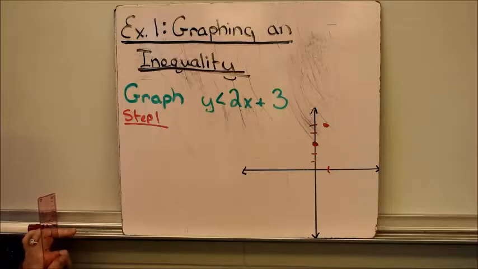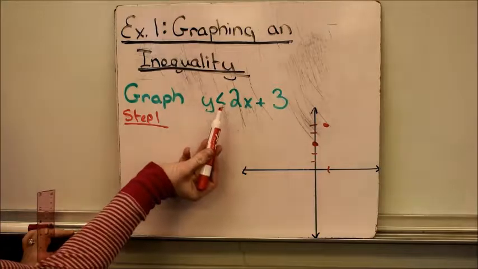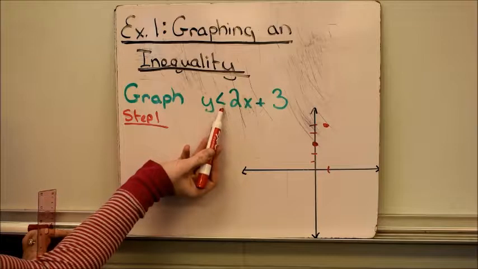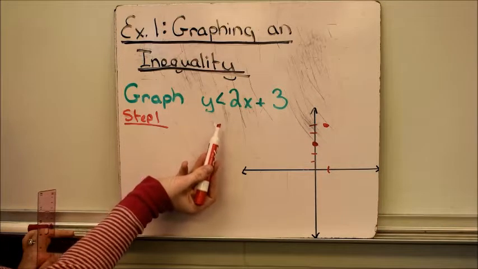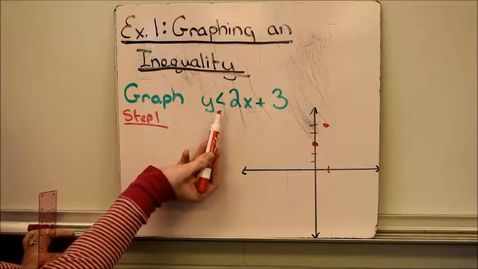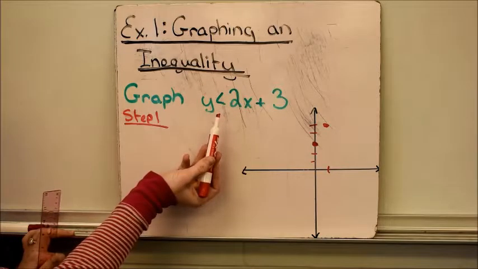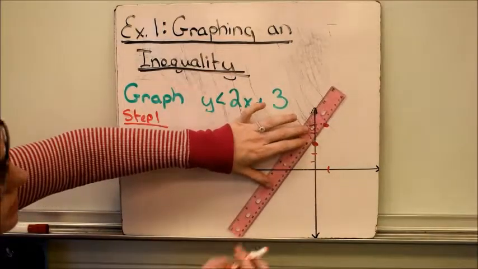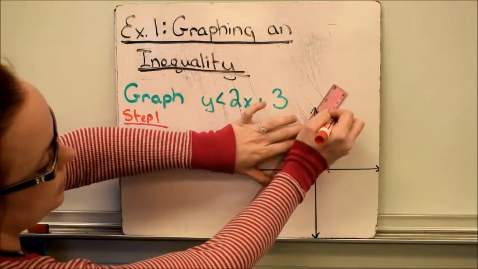Our line isn't going to be a solid line. Remember when we were dealing with inequalities, the point on a number line graph would either be open or closed depending on if this was equal to or not. We have a similar concept here. So because this is not equal to, we're going to draw a dashed line, and I'm going to use a straight edge just to make sure I get this pretty accurate.